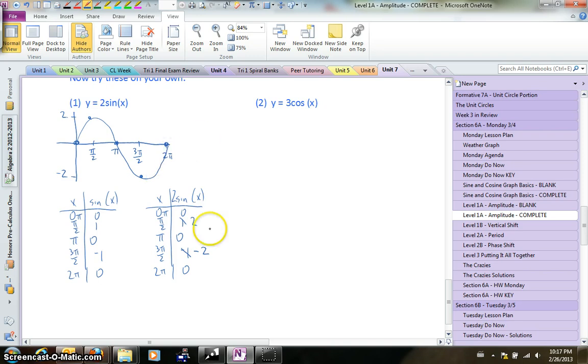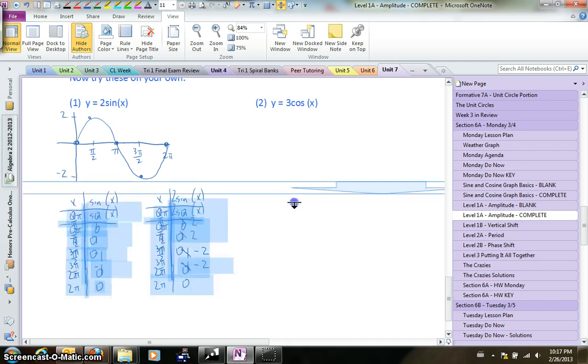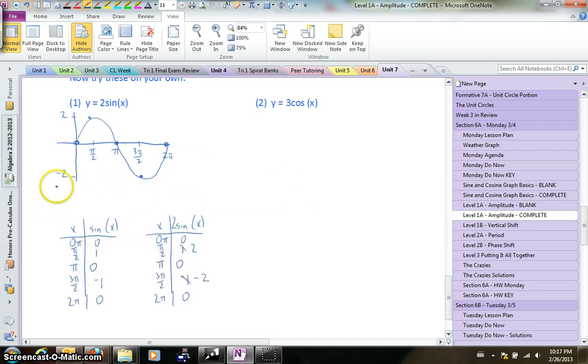I know it's not perfect, but what I am going to grade is I'm going to ask you to give me the coordinates of each of the 5 points in the cycle. That would be 0 pi, 0, pi over 2, 2, pi, 0, 3 pi over 2, negative 2, and then 2 pi, 0. So that's the first one.